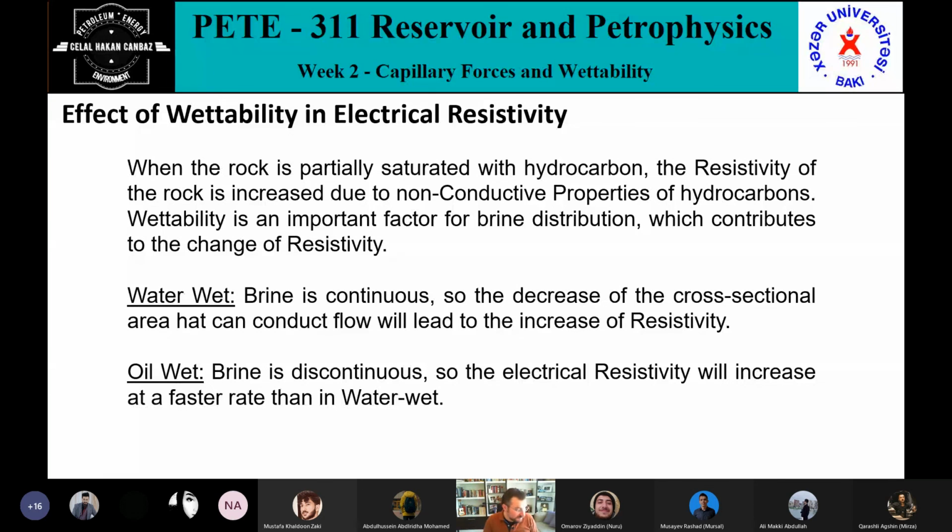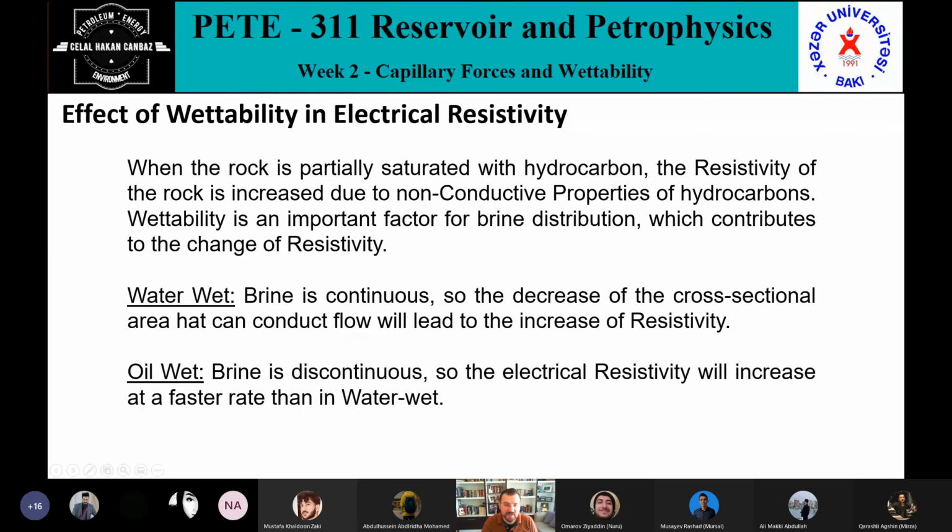We will mention this wettability term in logs as well, in resistivity logs. But first of all, this week we will discuss it at lab scale. There's an effect of wettability on electrical resistivity.